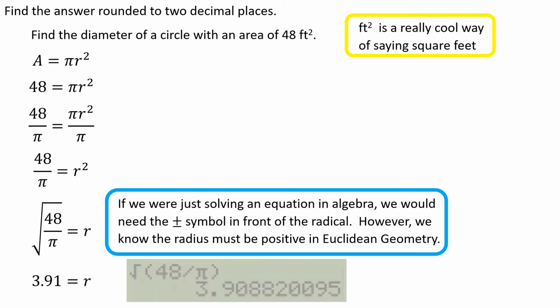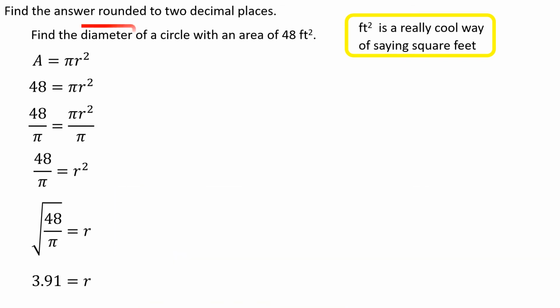And so, of course, I come up with about 3.91, and I can congratulate myself and do jumping jacks because I've got the answer of 3.91 for the radius. It always pays to read the directions. I'm not trying to find the radius. I want the diameter.